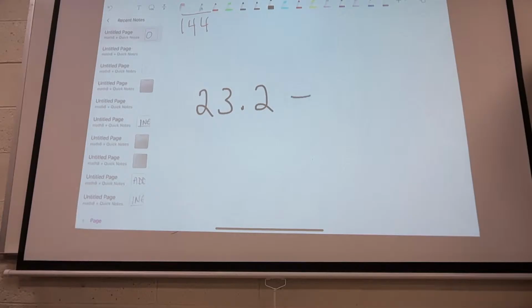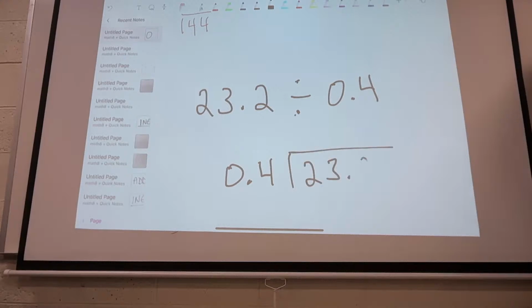232 divided by 0.4. Mason, what do I do first? Rewrite it. Good. 0.4, 23.2. Then what do I do, Quincy?